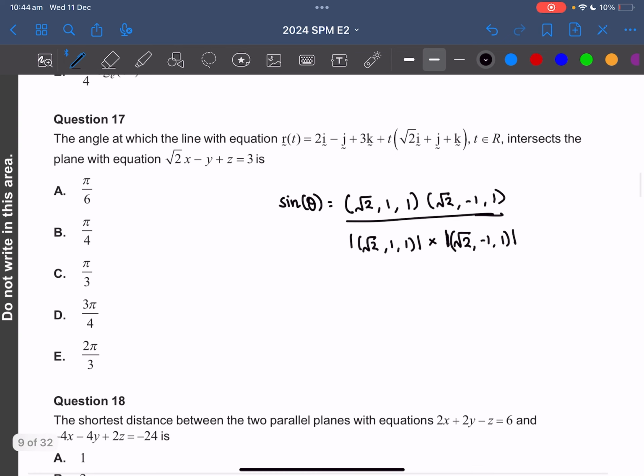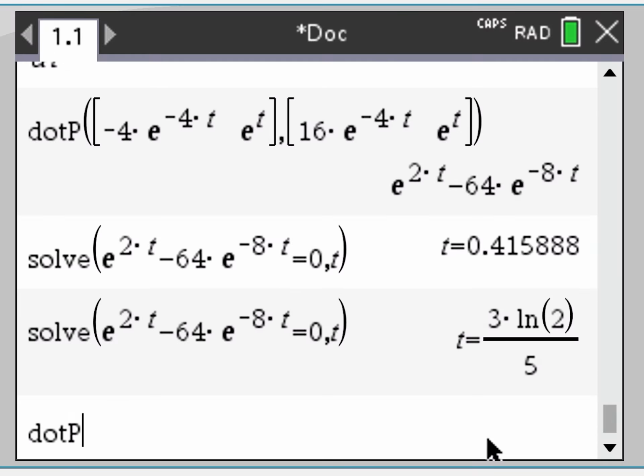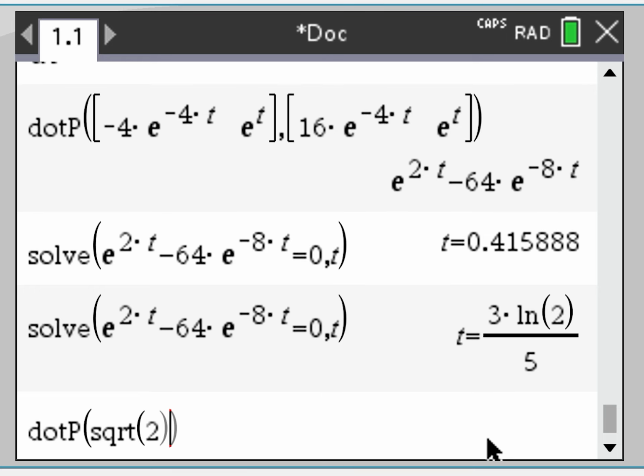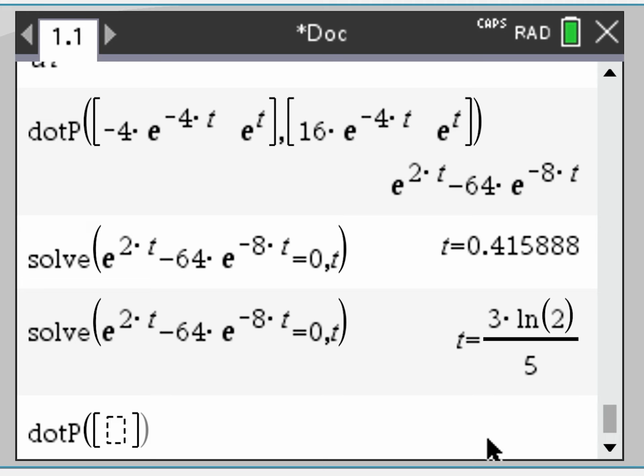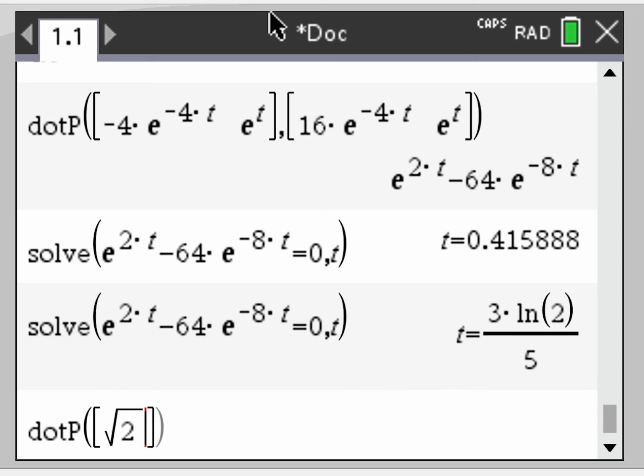Okay, and then we can just simply find this theta. Let us do this on our calculator. So we have the dot product of (square root of 2, 1, 1) and another vector which is the same as this, (square root of 2, -1, 1). Can't copy and paste.